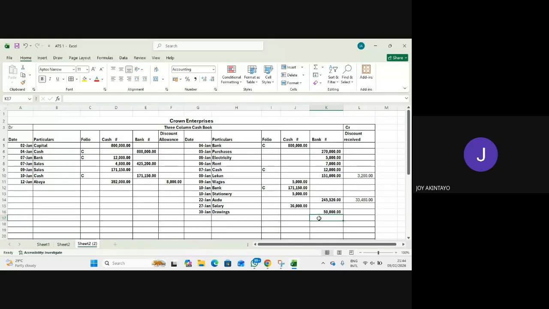We have the receipt transaction, and we have the what? Discount transaction. So how do we treat? Let's treat the first one, which is the receipt. So which account are we debiting?